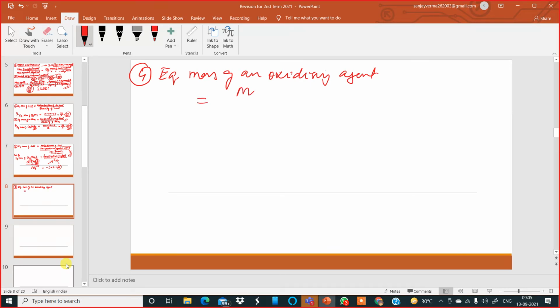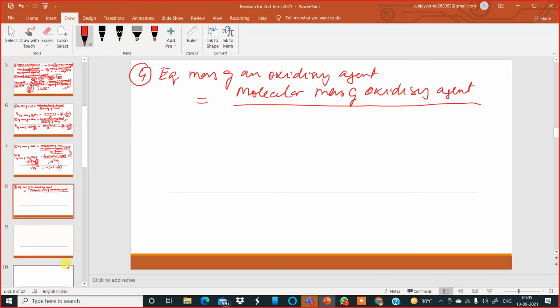We have to work out the molecular mass of the oxidizing agent divided by the number of electrons gained by 1 mole of the oxidizing agent. So this is the formula for calculating the equivalent mass of an oxidizing agent.